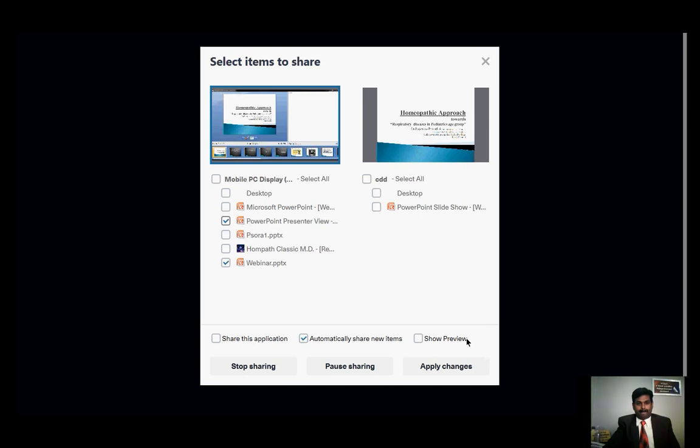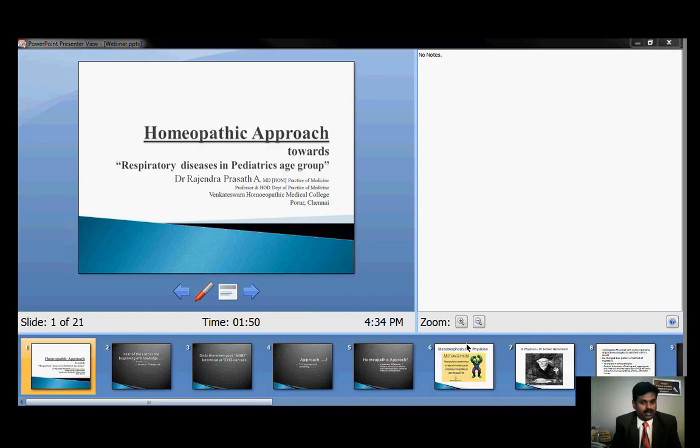I think it is visible now. Your screen sharing is active, sir, but your PPT is still not visible. Okay, let it take its own time. No issues, we have already spent much of our time. Am I right? Still your screen is there, but no PPT. What is displaying is the selected item to share. Okay, fine. Let it take its own time.